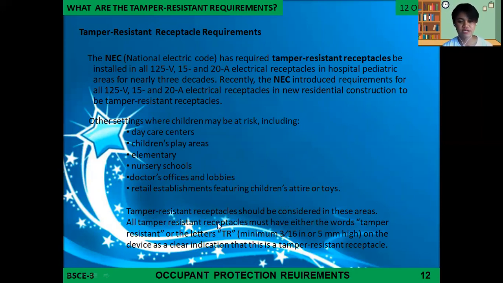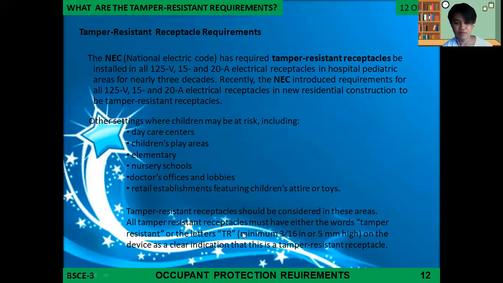All tamper-resistant receptacles must have either the words tamper-resistant or letters TR, minimum 3/16 or 5 millimeter high on the device as a clear indication that this is a tamper-resistant receptacle.